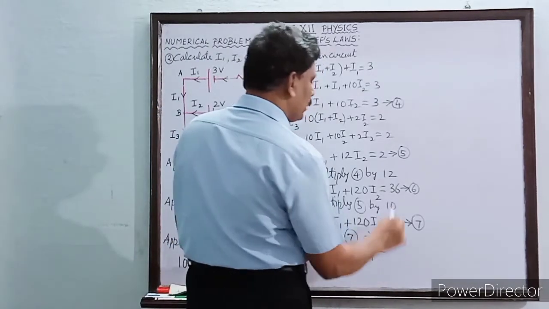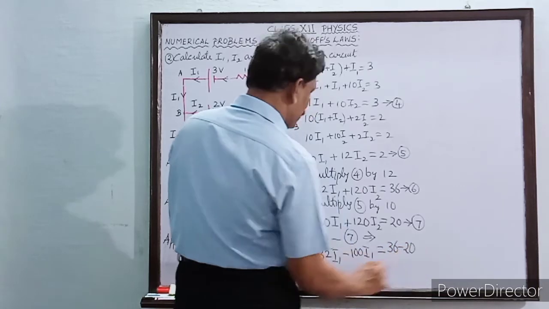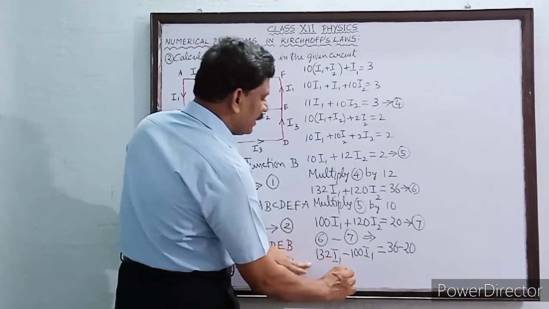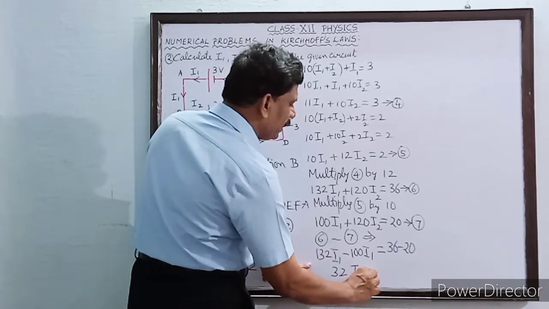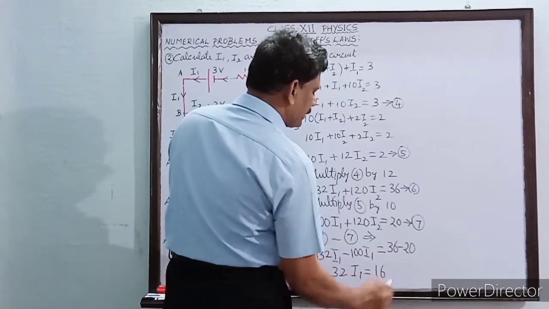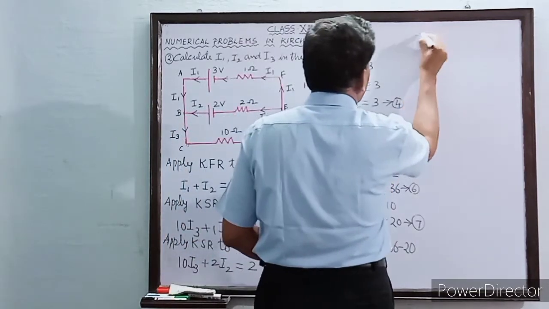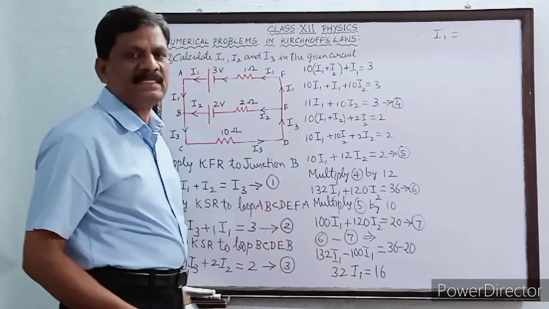The right hand side is 36 minus 20. So 132 minus 100 is how much? 32. So 32 I1 is equal to 36 minus 20, which is 16. Therefore I1 is equal to 16 by 32.